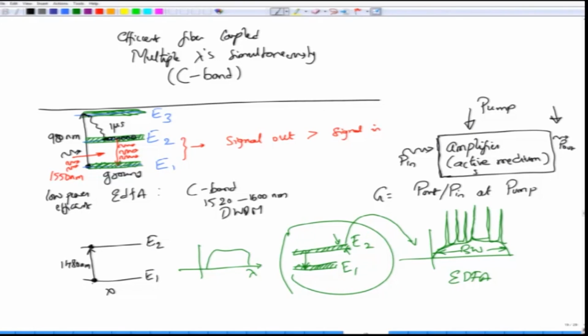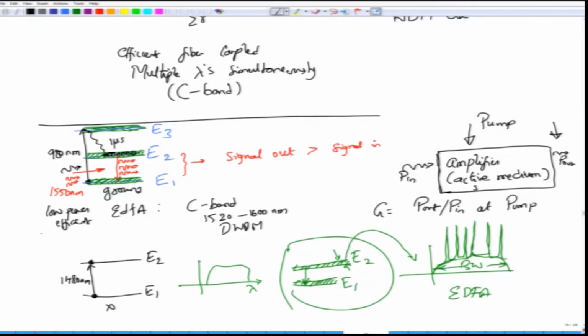There is, however, the problem with 980 nanometer that its output power is low, and a high power 980 nanometer pump is quite difficult to achieve. Moreover, this requires a WDM pump coupler. A pump coupler is a device which works something like this.